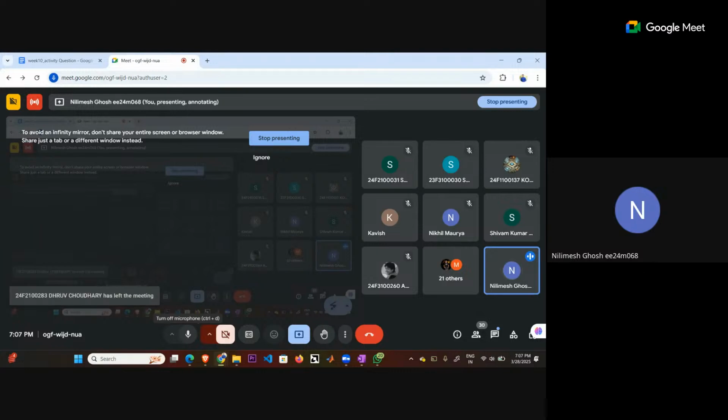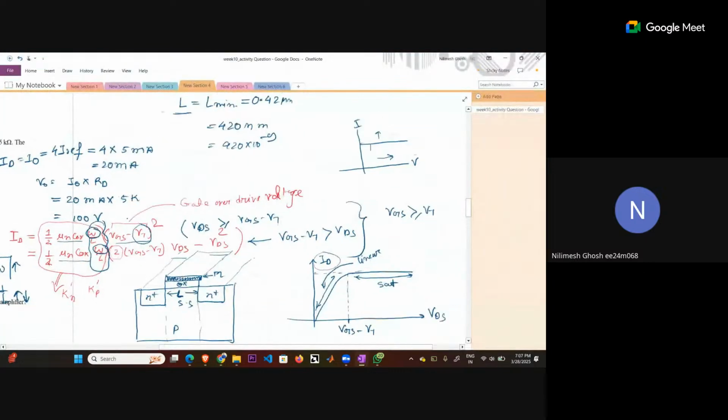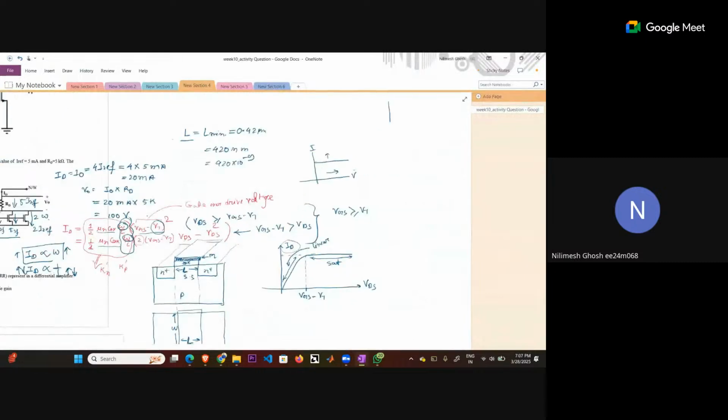Okay, I'm asking a simple question then. Let's say our voltage is this axis and our current is this. I am increasing the voltage, but the current is still zero. Current is not increasing. What does it mean?